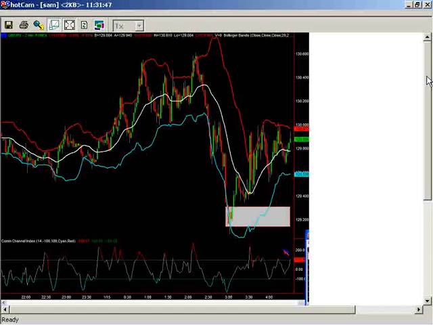Having a rule-based way to enter and where to put your protective stops, how to manage the position and take your exits properly, having a real rule-based system to do that can really make a strategy like this robust, if you do it properly.